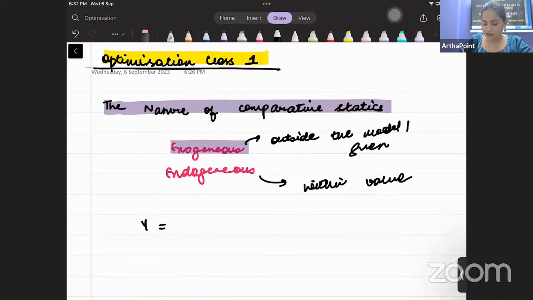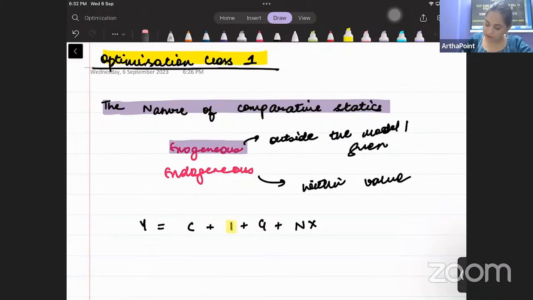Y is equal to C plus I plus G plus NX. ठीक है बेटा? तो इसमें ये जितने भी वेरिएबल्स है ना, I, G, NX, इनकी वैल्यू आपको दी होती है. You're given these values. So if you're given these values, they are called as exogenous variables. And you have to find the value of Y. That is an endogenous variable.